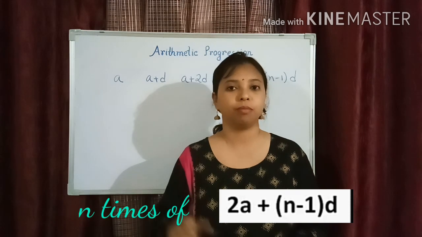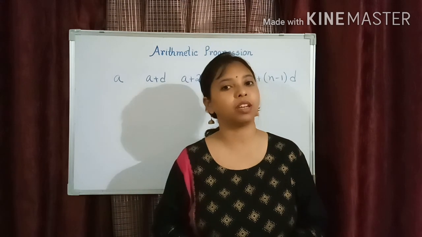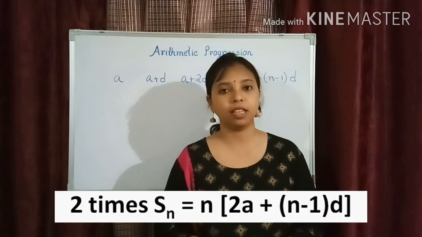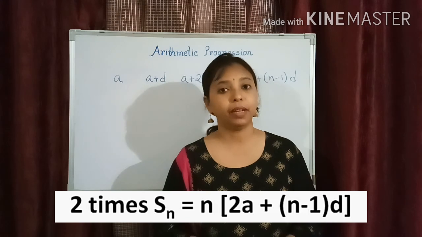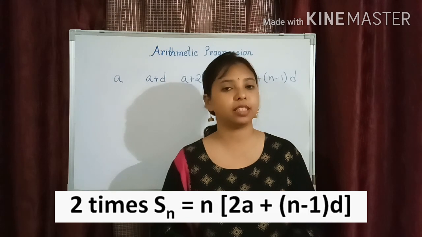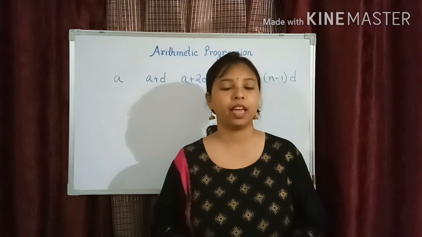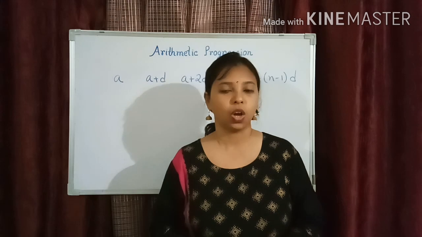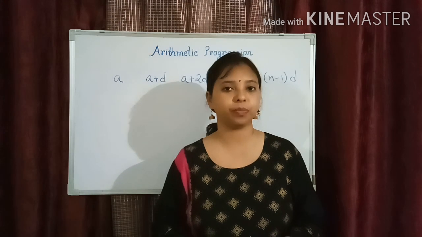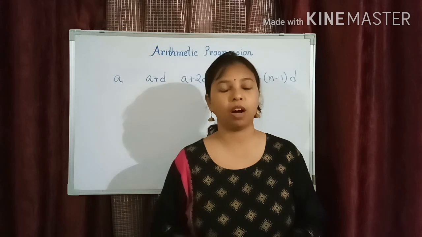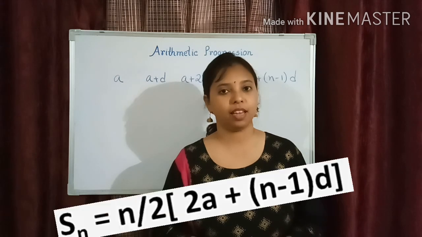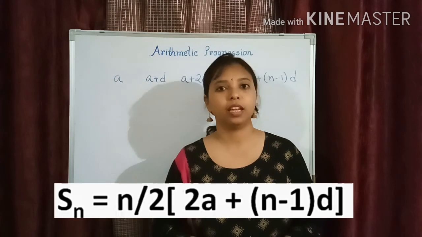So the sum of this twice A plus n minus 1 D will be n into twice A plus n minus 1 D. But actually we want the sum of the AP series, A plus A plus D plus A plus twice D up to A plus n minus 1 D. So that series sum will be half of what we are getting now. So the sum of our series will be n by 2, then in brackets twice A plus n minus 1 D.